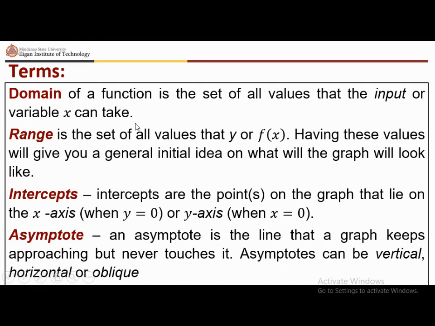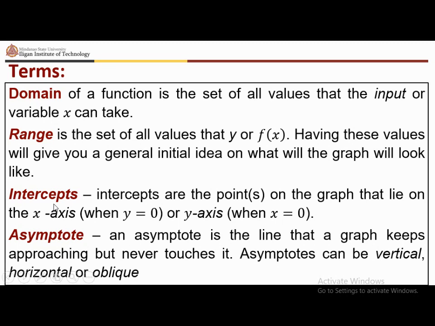It means these are the values of x. The range is the set of all values that y or f of x can take, which gives you a general initial idea of what the graph will look like. In other words, the range contains the values of y.